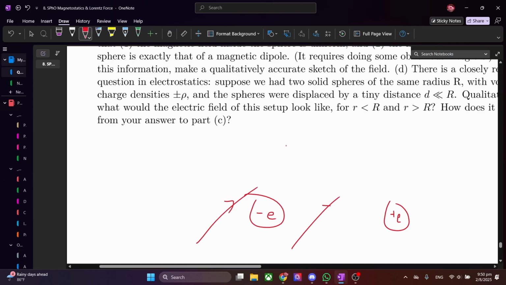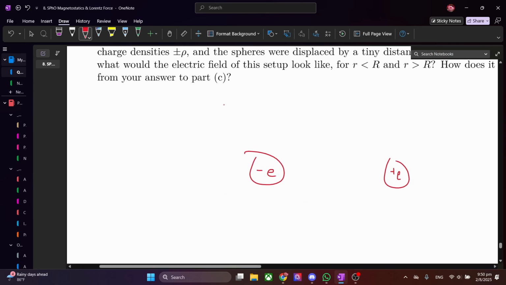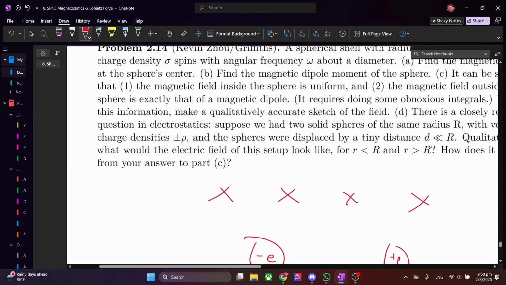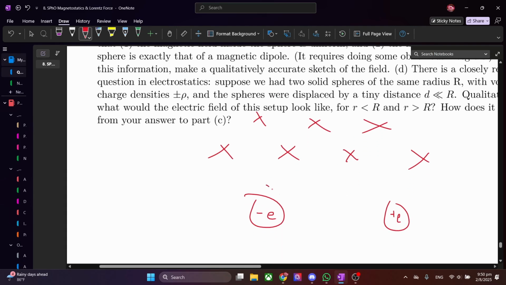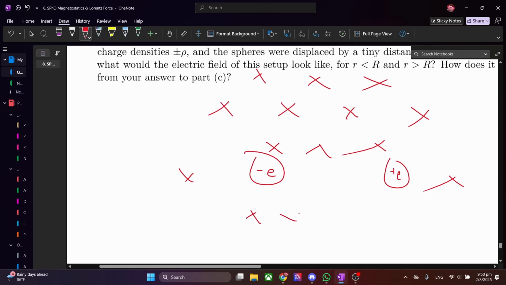Let me change the direction of the magnetic field actually. Let me make it point in this direction, something like this. So your magnetic field now points into the page.